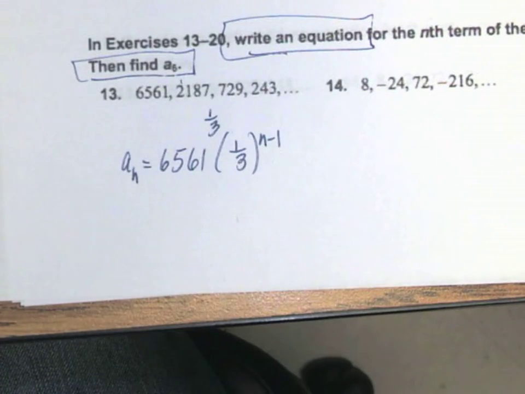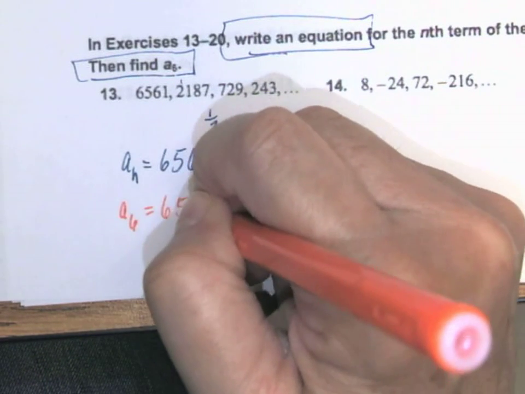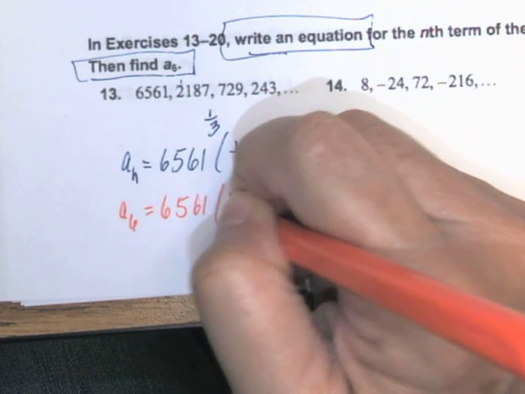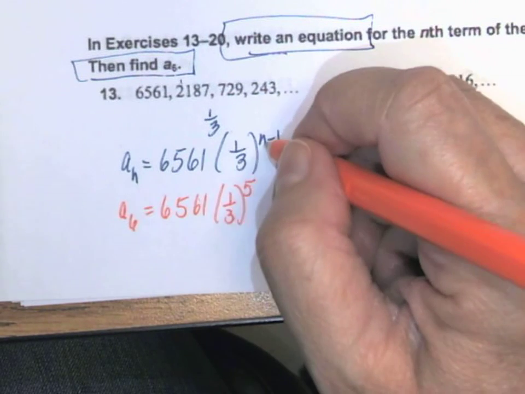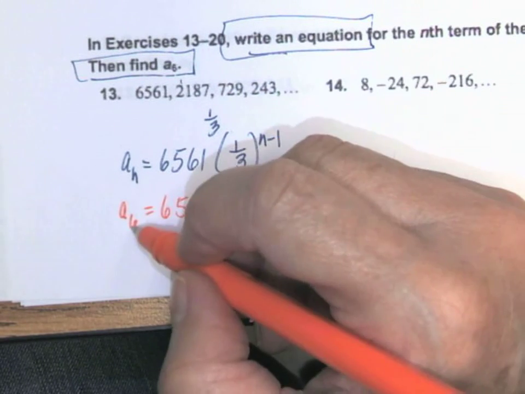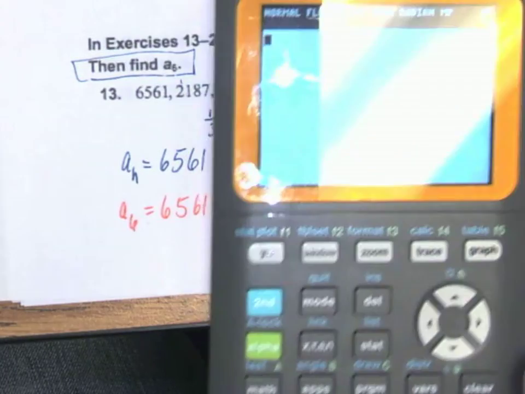Now let's find a sub 6. A sub 6 equals 6561 times 1/3 to the 5 power. Now why did I do that? Because it's n minus 1. N is 6. 6 minus 1 is 5. Let's put this in our calculator.